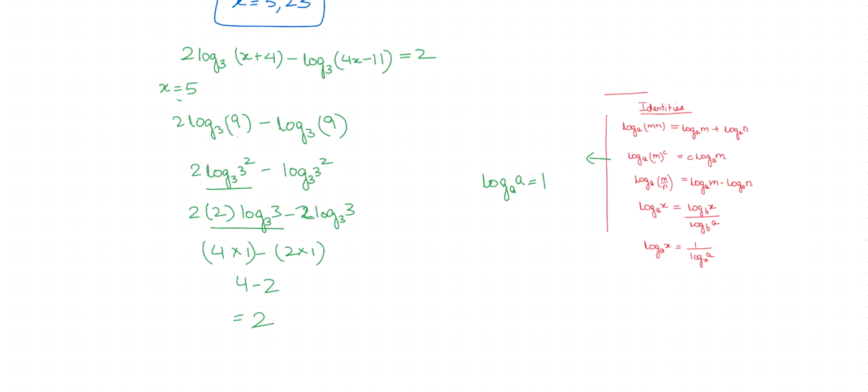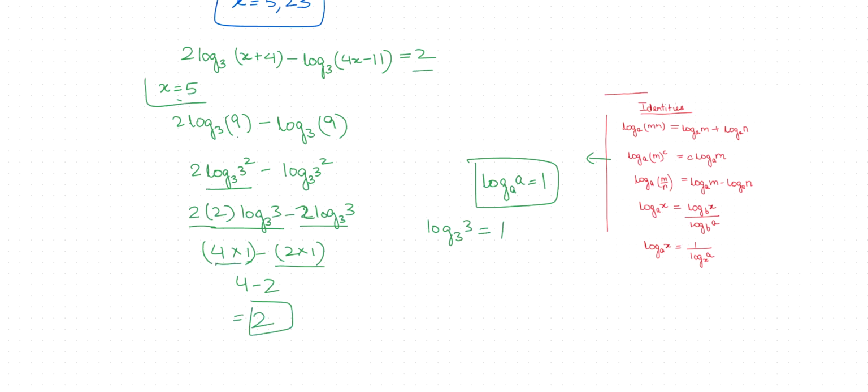And this becomes 2 times 2 is 4, and we know log base a of a is 1. So we put 1 here. Log base 3 of 3 is 1. So this becomes 4 minus 2, which is 2. So we got the right hand side. It means this answer is correct.